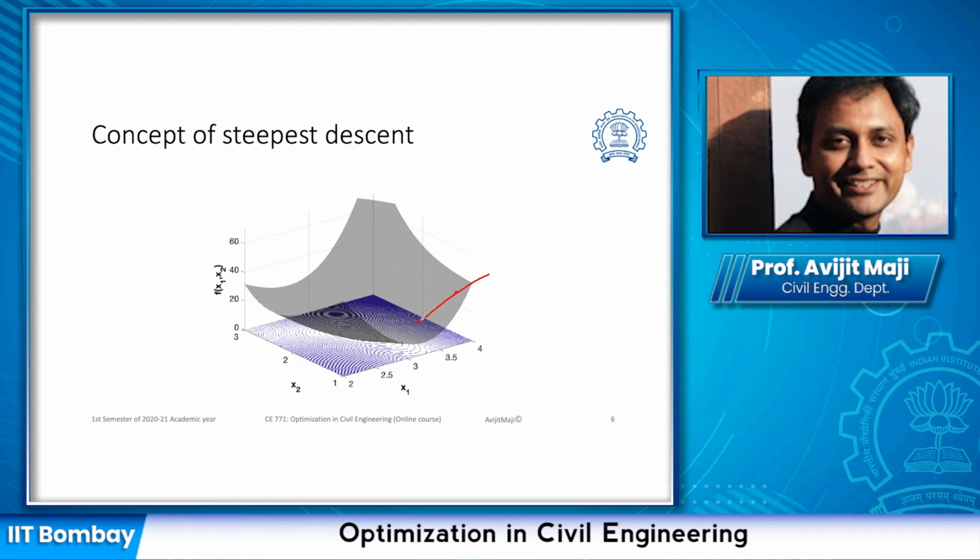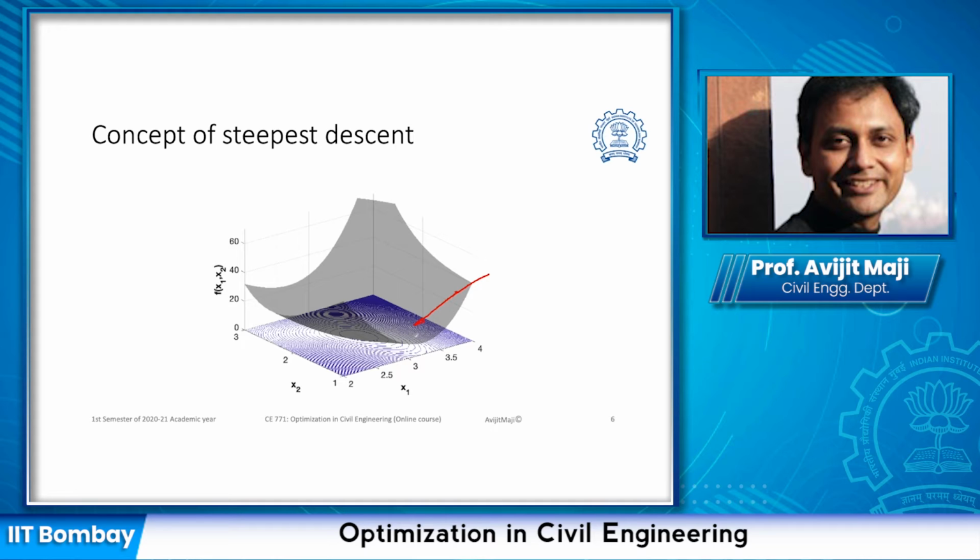If we go in this direction, we will reach a point where the objective function is minimum along this particular direction. Whichever point we reach, from there we can again compute the gradient and again try to go towards the minimum point. If we keep on doing that, eventually we will reach the minimum point.